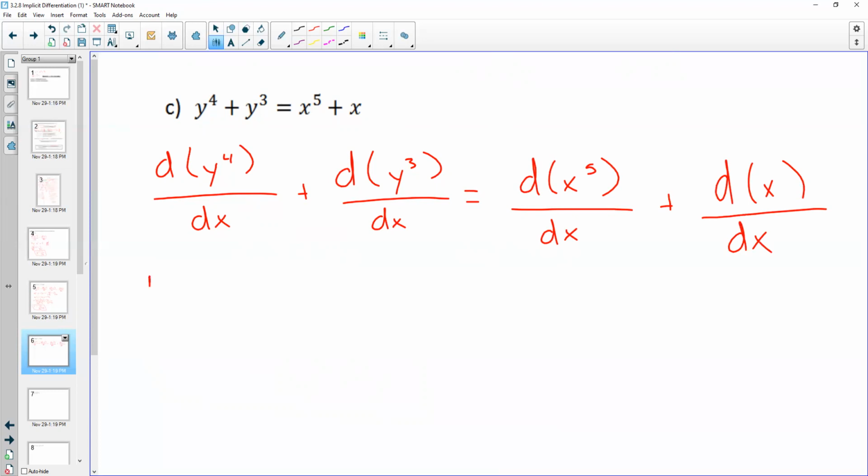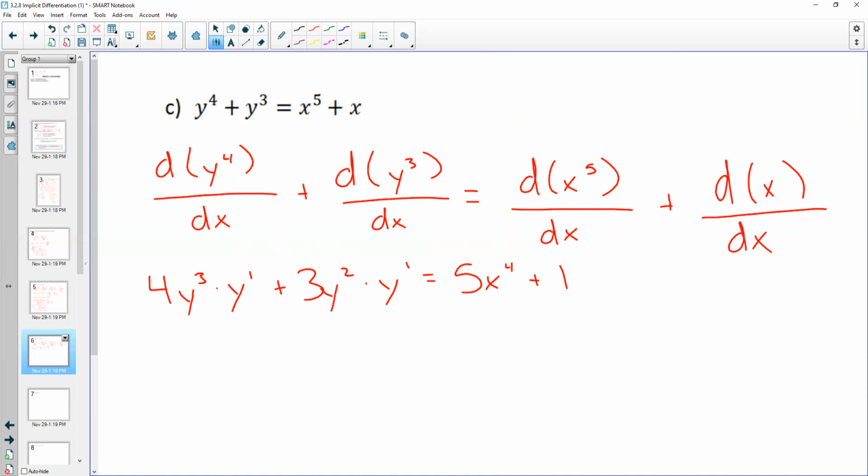So we'll get 4y cubed y prime plus 3y squared y prime is equal to 5x to the 4 plus 1. The derivative of x is just 1.